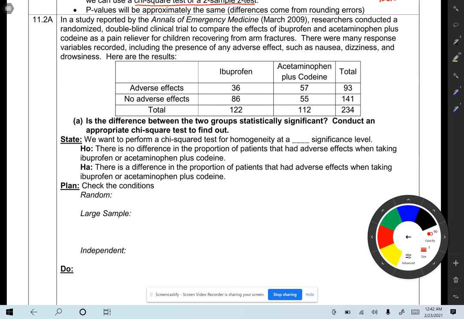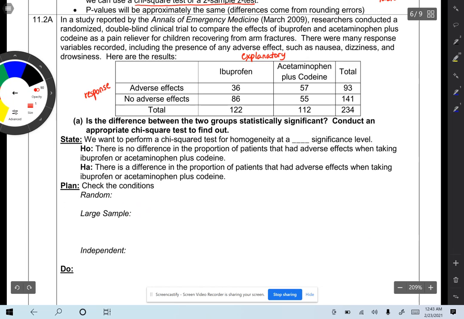Here are the results. So row 1 lists the adverse effects for ibuprofen and acetaminophen plus codeine, and then row 2, no adverse effects. And then you have your totals. So this is a 2x2 table, and here we have our responses, either adverse effects or no adverse effects. And here are our explanatory variables. Since we don't have to graph it, we don't really need to look at the conditional distributions, but we want to do the marginal distributions.